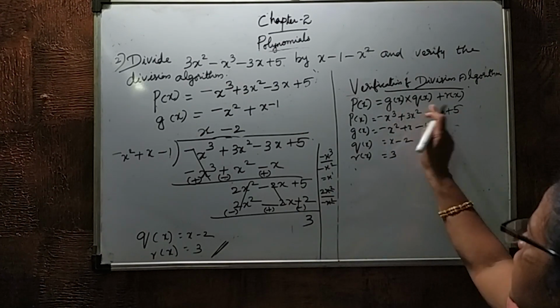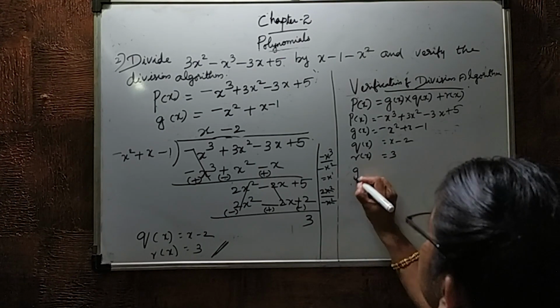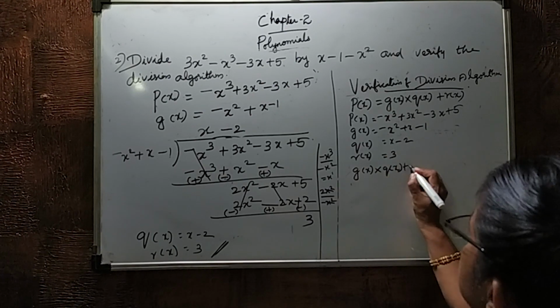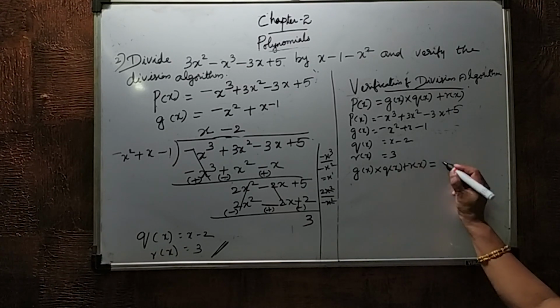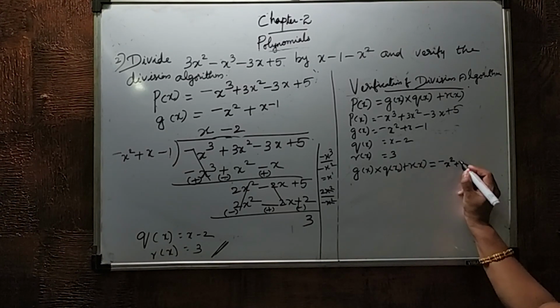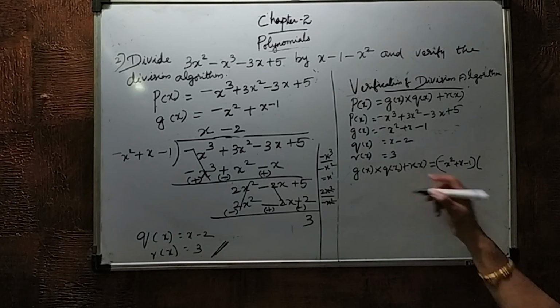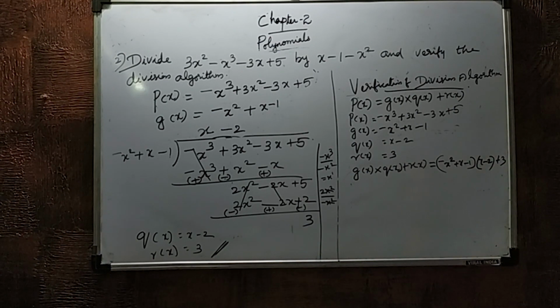So first we will take this side, then we will find out whether it will be equal to P of x or not. So G of x into Q of x plus R of x is equal to, G of x is negative x square plus x minus 1, into Q of x, x minus 2, and then R of x is 3.